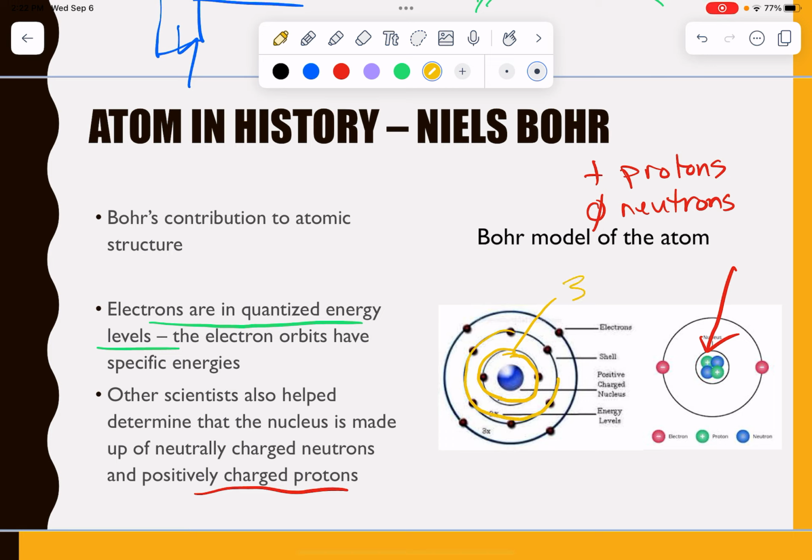Maybe all the electrons on the second orbit have 5 energy, and so on and so forth. And because the electrons can only exist at these certain energy levels, when you run electricity through them and the electrons begin to jump around and give off light, you're only able to see specific colors of light.